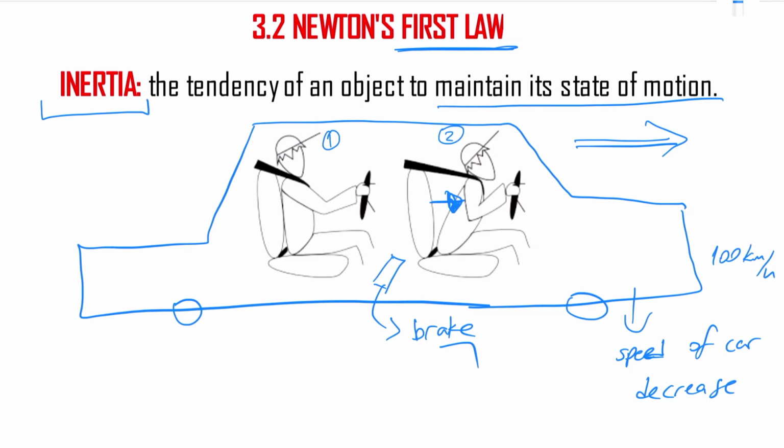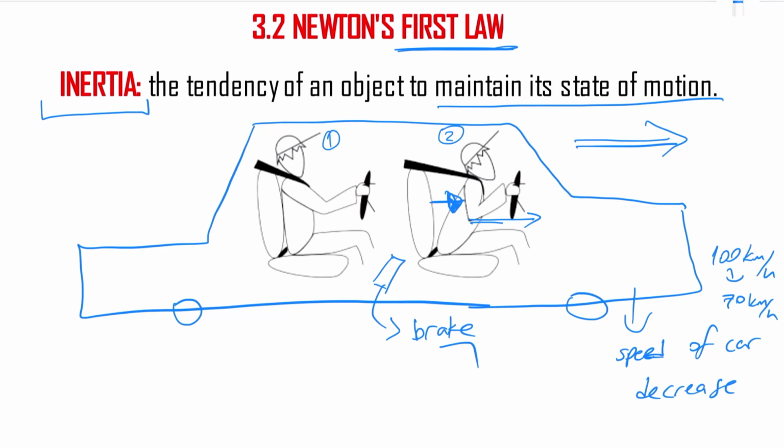When the guy applies a sudden brake, let's say the velocity drops to 70 km/h. But our body at that moment doesn't drop directly to 70. So the human body tries to keep the 100 km/h velocity forward. Because of that, our body tries to move forward. But we are in the car, so we cannot go out of the car.